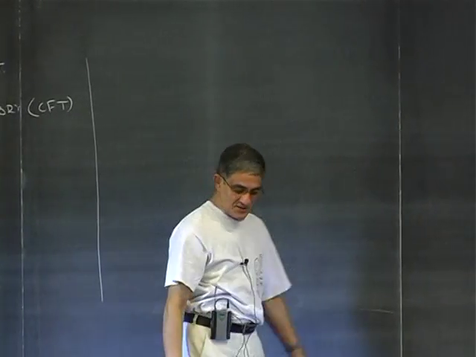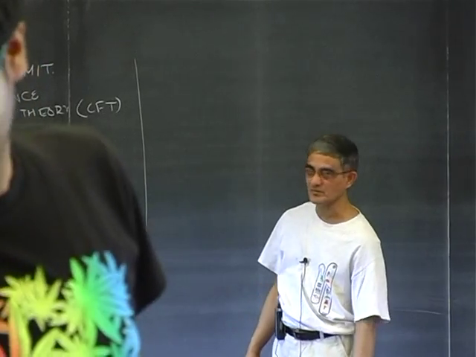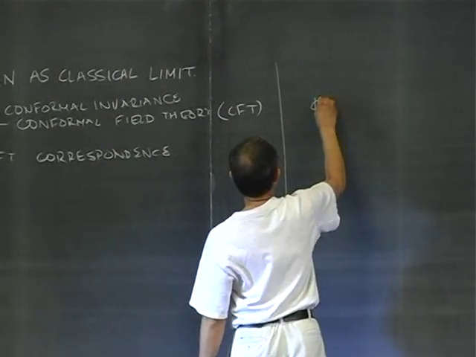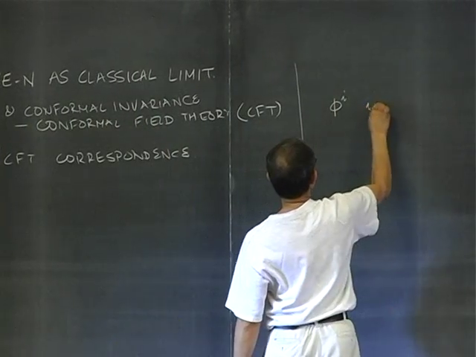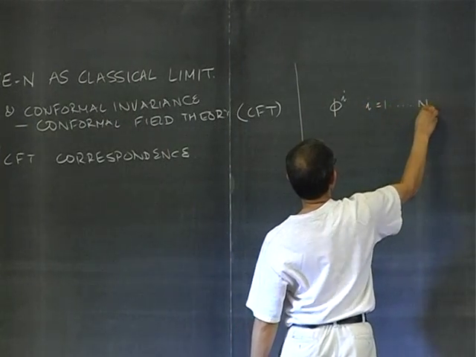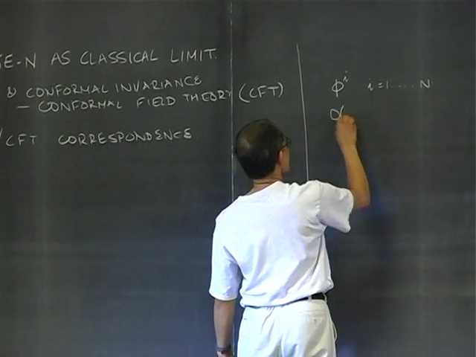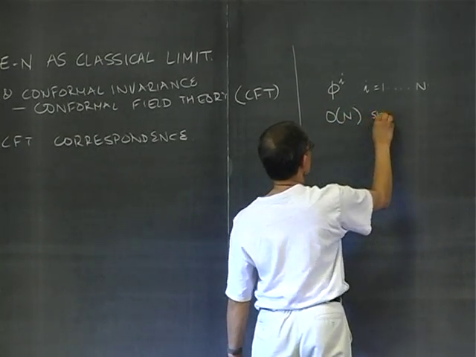Yesterday, we described in detail an example of what is called the large N expansion. There was a set of scalar fields which has an index 1 to n, and this had an ON symmetry.